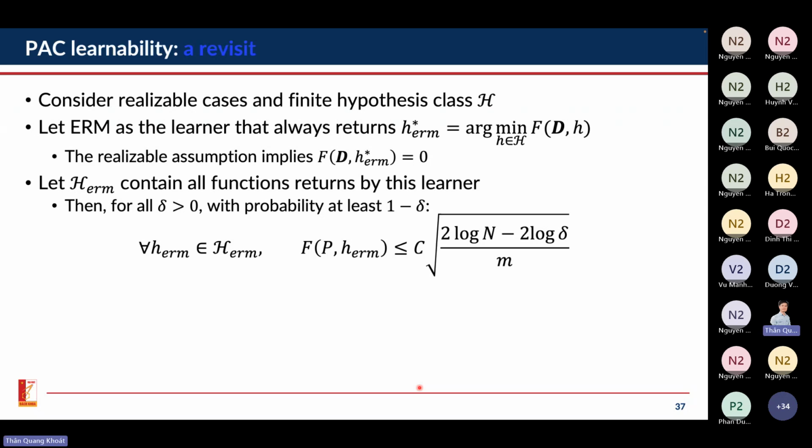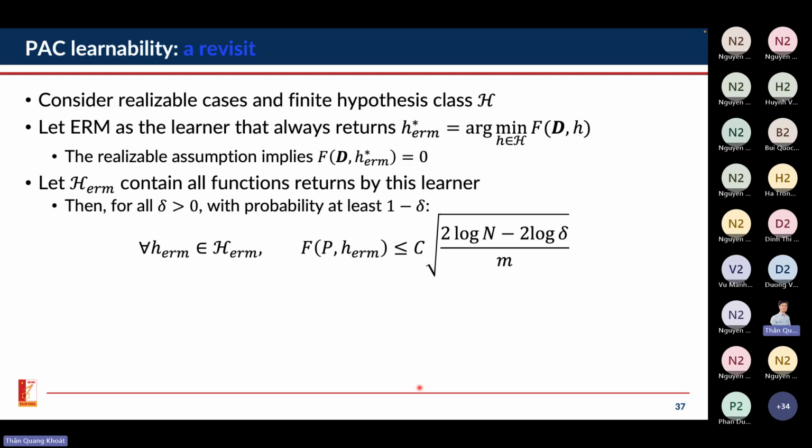Okay, so by the argument before, we can use that for one learning algorithm. It is ERM before, right? For the ERM algorithm, we just minimize the training error.